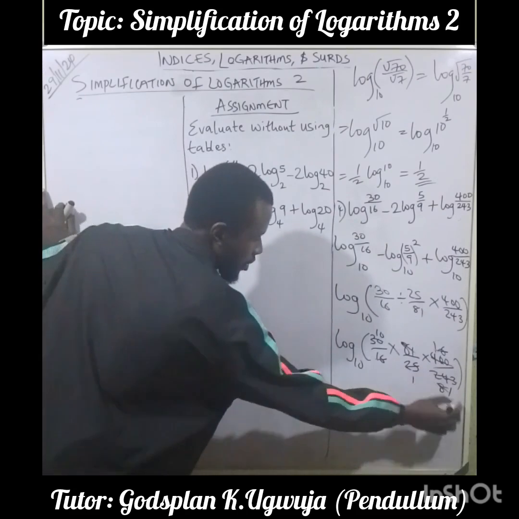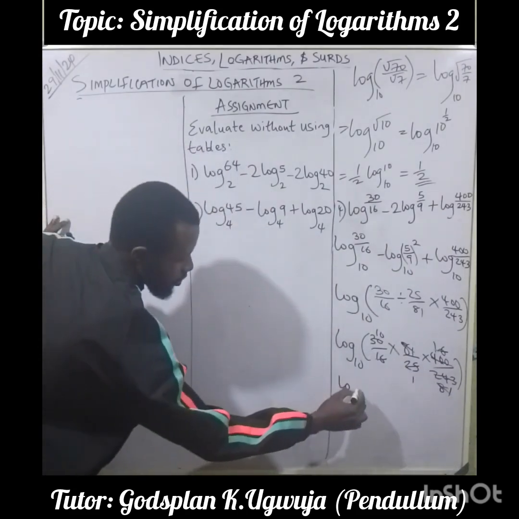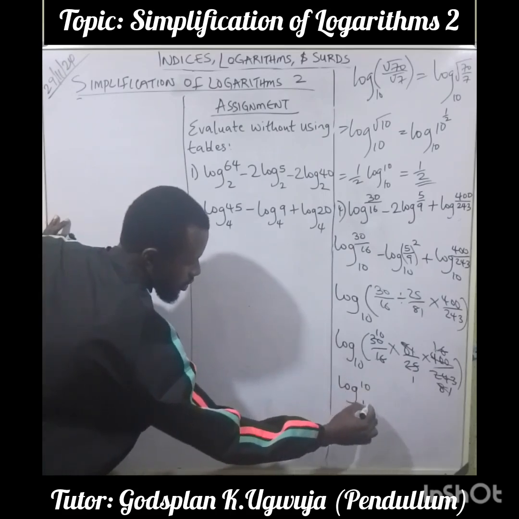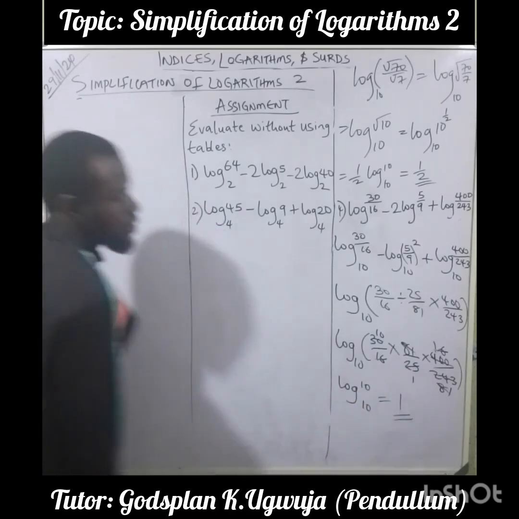And then 81 will cancel out 81. So we are left with log 10 base 10, which is 1.